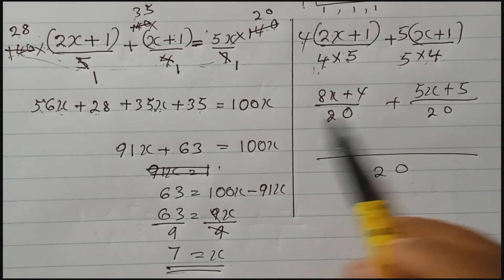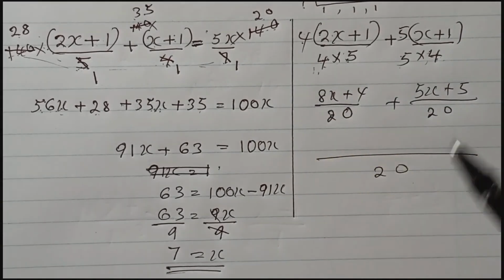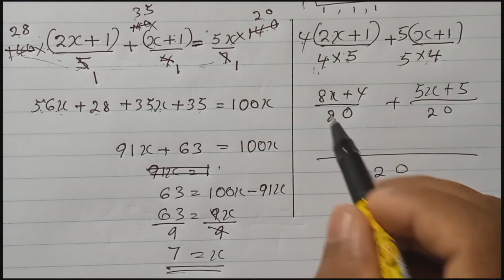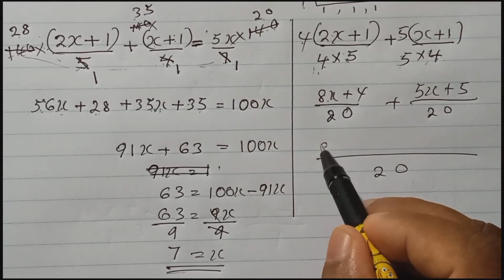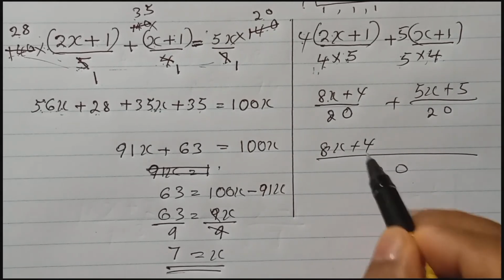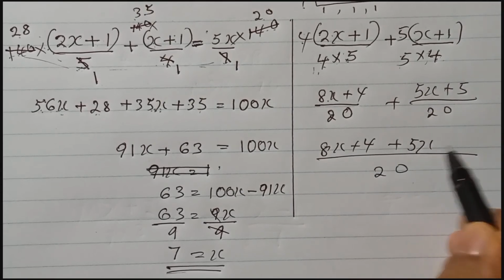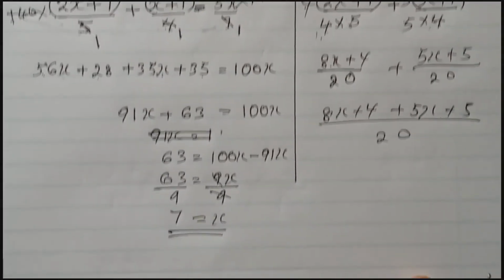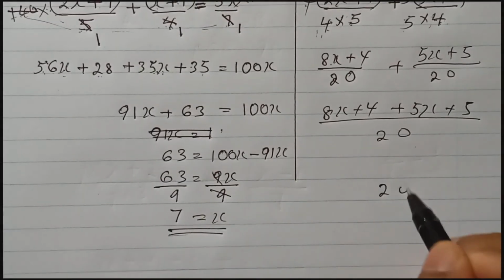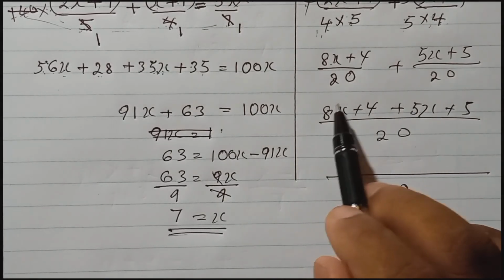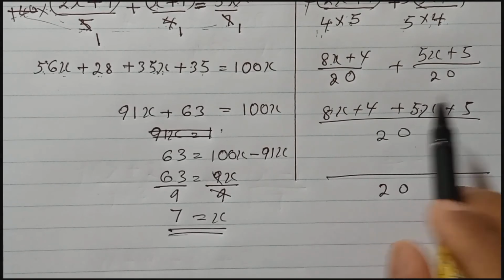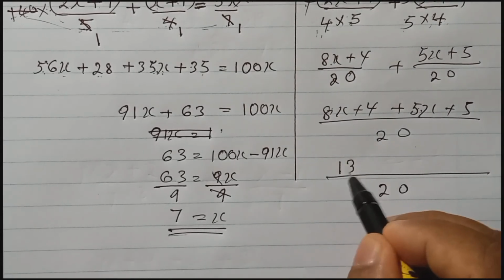Actually here also you can put one denominator and just multiply these, right? Now 8x, okay, I will write here the same denominator. Now I am writing more steps, actually don't need that much. Now 8x plus 5x means what is the answer? 8x plus 5x means it is 13x.